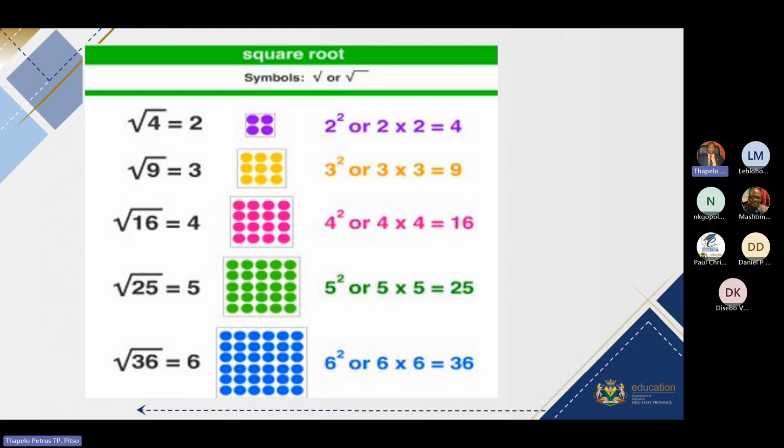Again, here in a different picture, same thing. That number by itself gives you 4. That number squared, that number by itself gives you 9. 3 by 3 gives you 9, which is 3 squared. And look at the foundation. The foundation is 2. The foundation is 3. The foundation is 4.